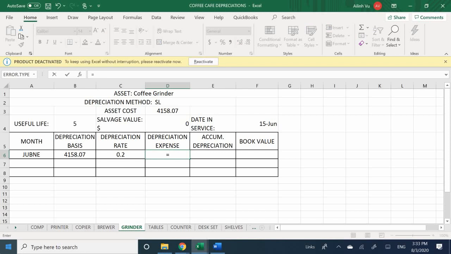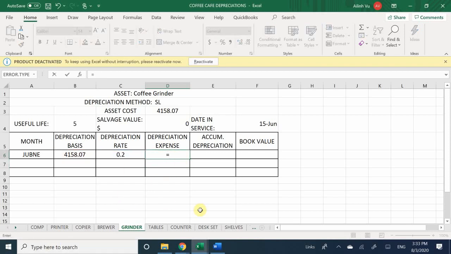Basis times the rate. Then we take that 4158.07 times 0.2. I did not get that number.